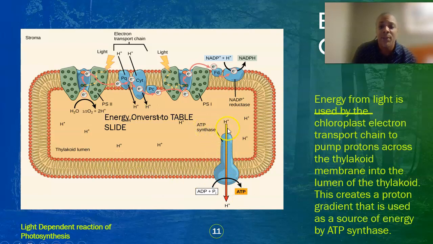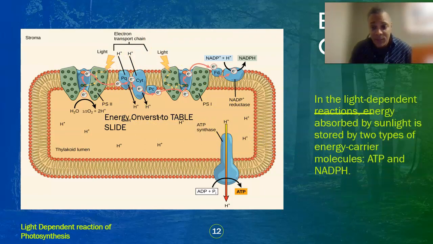You can see the ATP synthase right here, and it's grabbing that additional hydrogen ion and pushing it out just like that. This is the beginning of the conversion of the energy, because whenever molecules are split, there's a little bit of energy there. And this is where the molecules go.